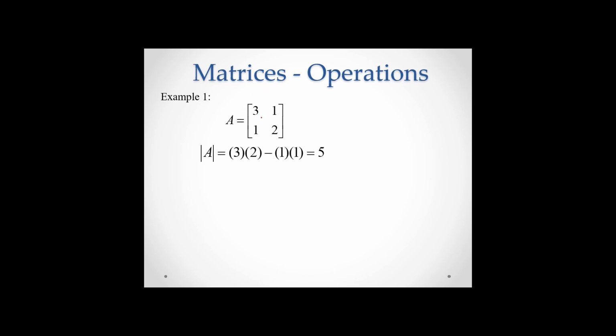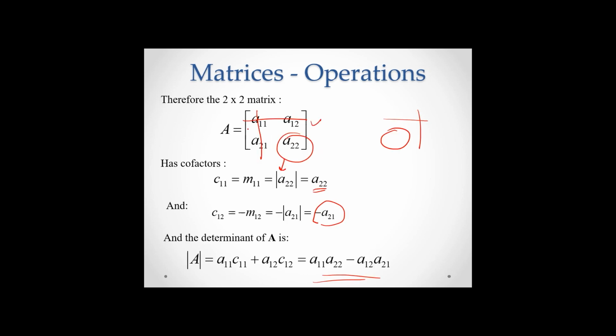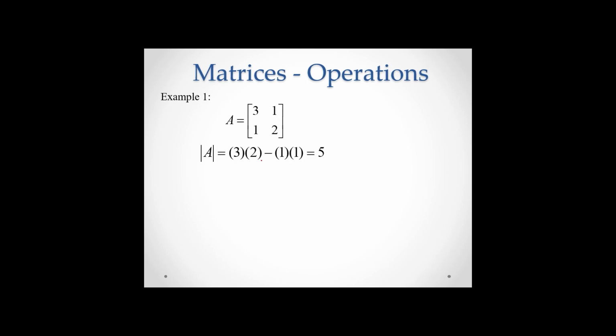If I have a matrix like this, in short, as we have learned, this will be A11 with A22, the diagonal, minus this cross element, right? So in short, we are multiplying 3 with 2, minus 1 cross 1 with a negative sign. So this is a cross multiplication. So this is the easiest form of learning a 2 cross 2 determinant.